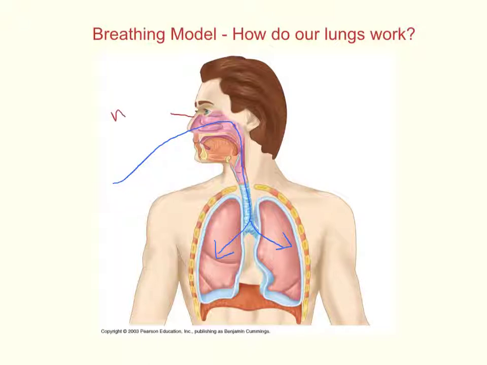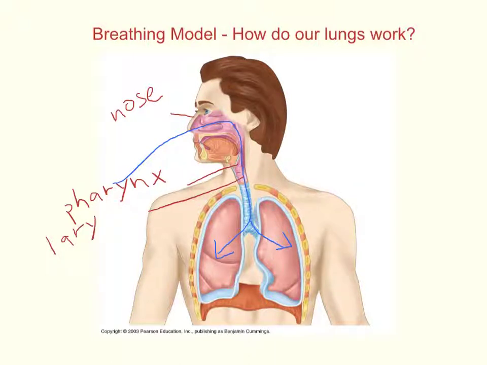Here's your nose. The pharynx is basically the top of your windpipe. And then there's a larynx, which is the voice box, leading down to the trachea.